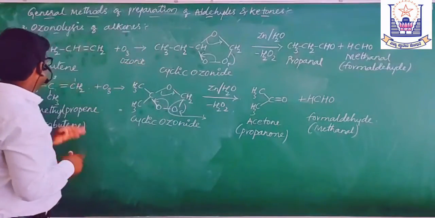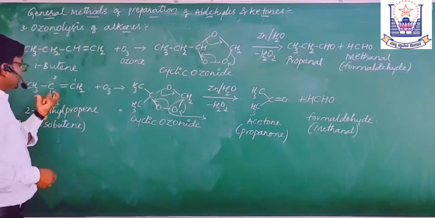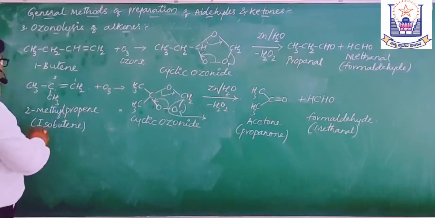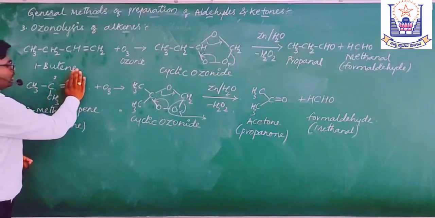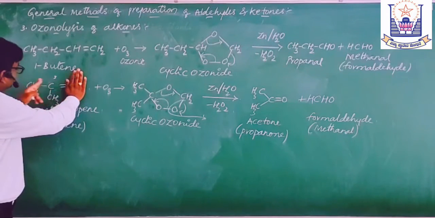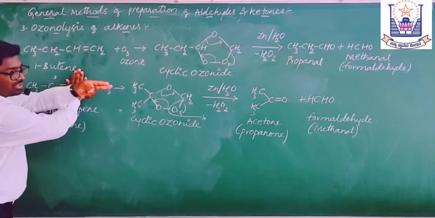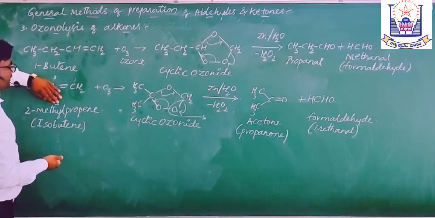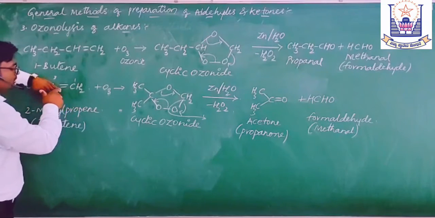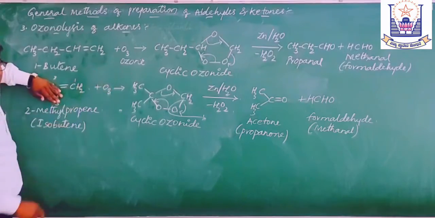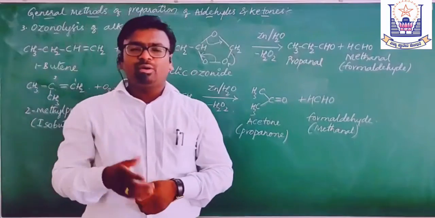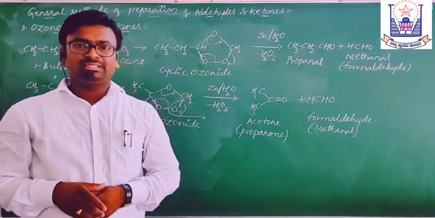For example, here, what are the products obtained upon ozonolysis of this isobutene? Here, consider this part and close this part, put O in that place. CH3, C double bond O, CH3, there you are getting the product. And that is one product. Now close this with this part, CH2, C double bond O. Okay, here it will be HCHO. There you got the product. So predicting the products upon ozonolysis is very easy.